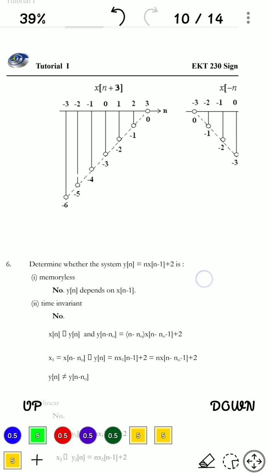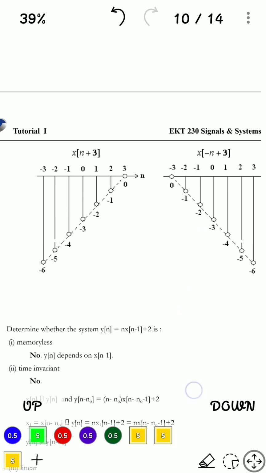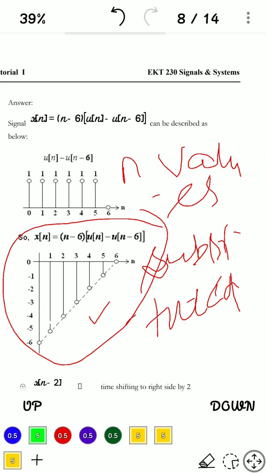So this is the question, and please do make sure that for these kinds of questions you need to substitute the value of n till certain values, from 0 to 4, 5 or some values, and construct the signal according to the values. That is, for n equal to 0, whatever value you have got, for that particular value you construct a signal, and for n equal to 1, n equal to 2, and so on.